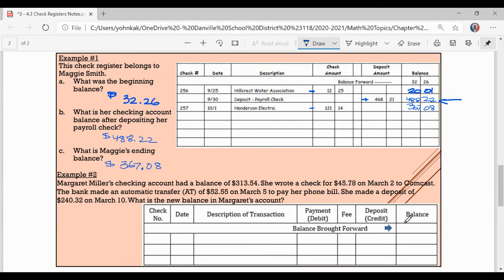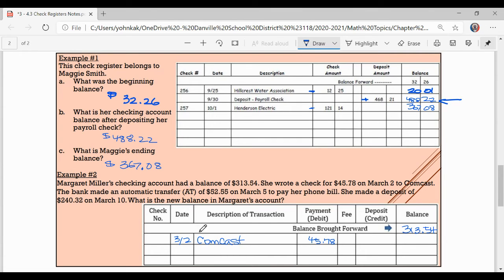Okay, so our starting balance was $313.54. She wrote a check for $45.78 on March 2nd, 3/2, to Comcast. Let's see.